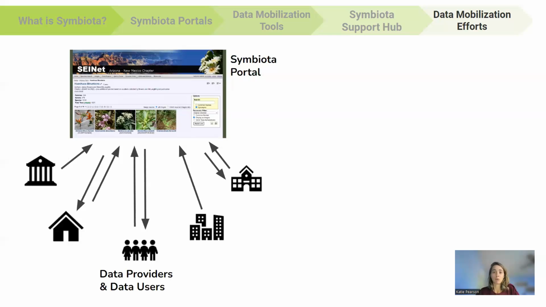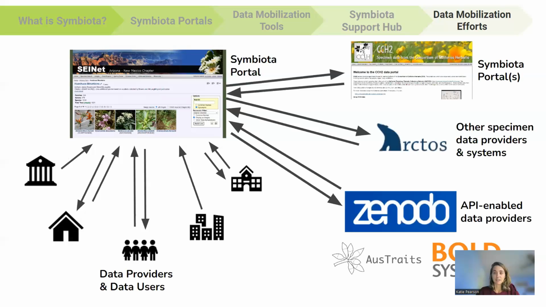So not only will we be able to take in data and give out data through spreadsheets and CSVs and Darwin Core archives, but we'll be able to facilitate more automated access between all kinds of data sources.